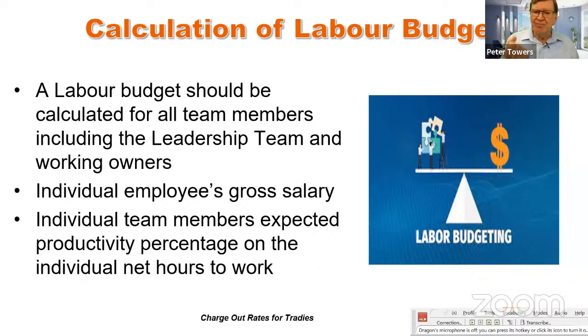So the chargeable component of the time that they're actually working or available to work. So it's after annual leave's been deducted, allowances for holidays, training, all that's been taken into account in the on-cost determination.